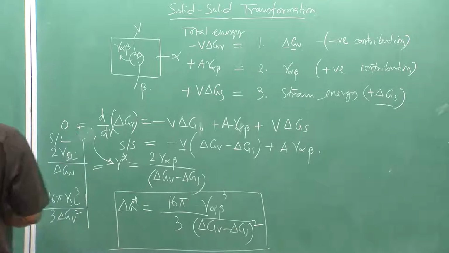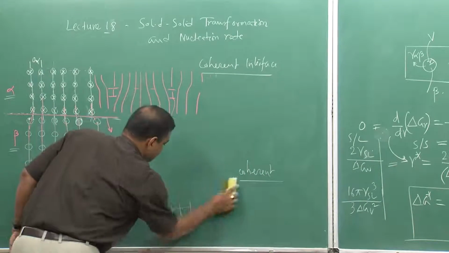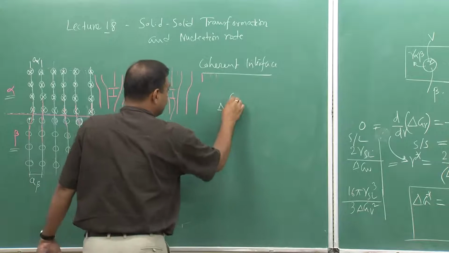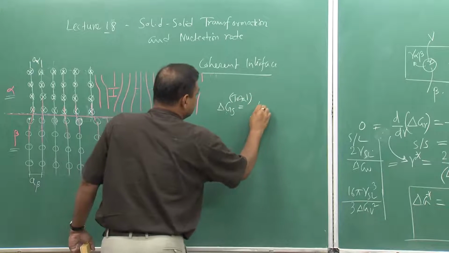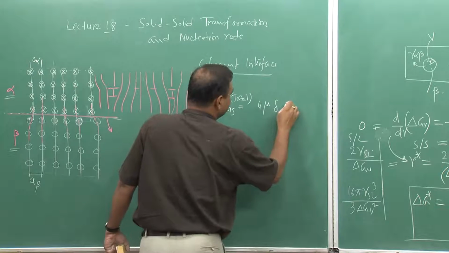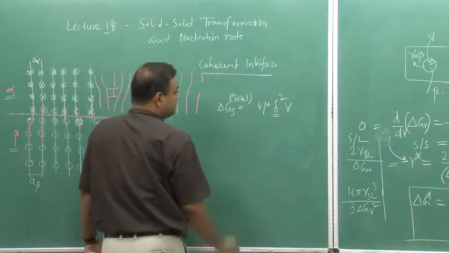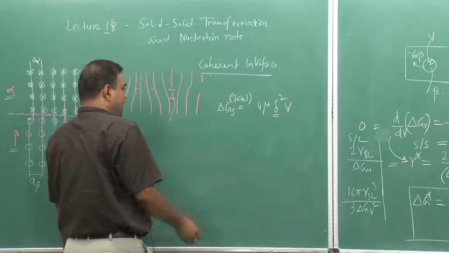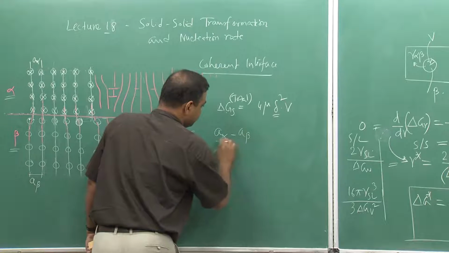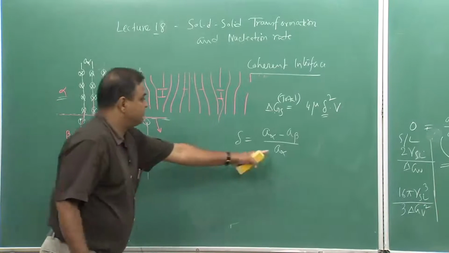For example, in the case of a coherent interface, we have a simple expression, which is delta Gs total equal to 4 mu delta squared V, where delta is the strain energy and delta is related to A alpha and A beta, and this is the relation.